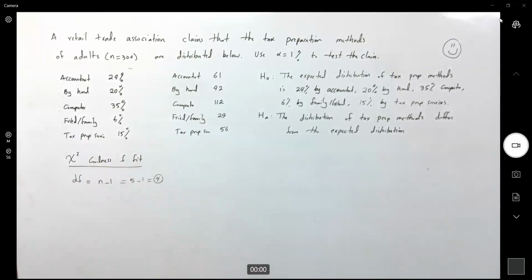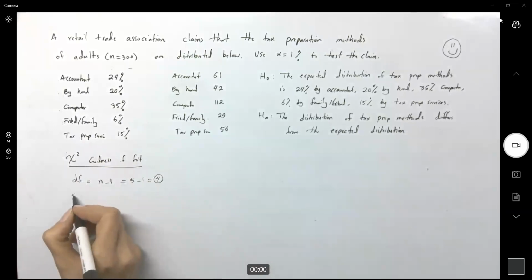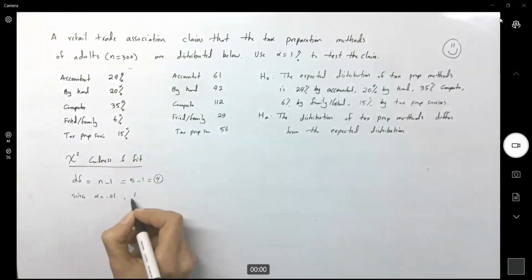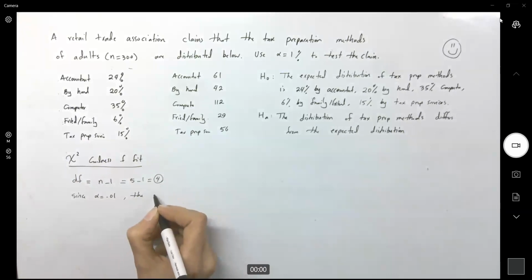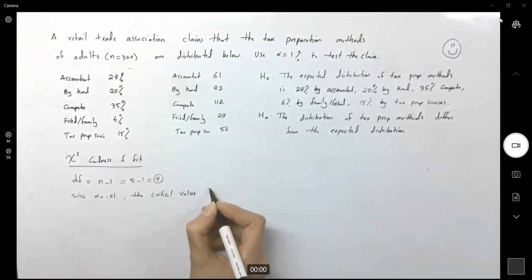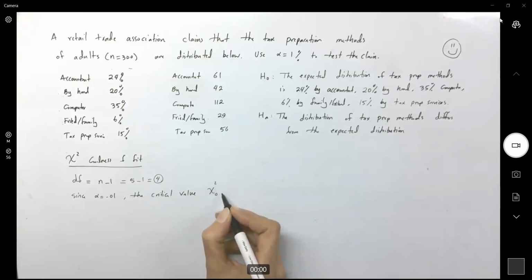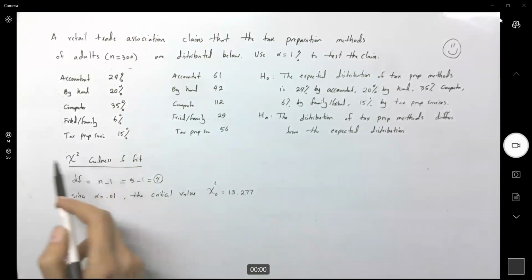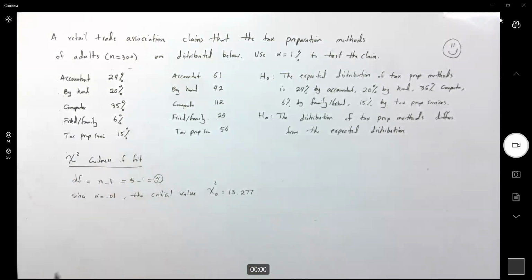Well, you also need your critical value. Since alpha is equal to 1% with degrees of freedom 4, the critical value chi-squared sub 0 is going to be 13.277. Now we need to use our table to build the standardized test statistic.